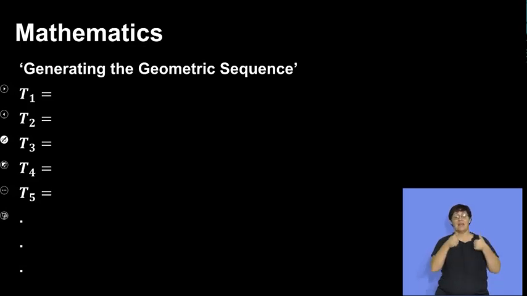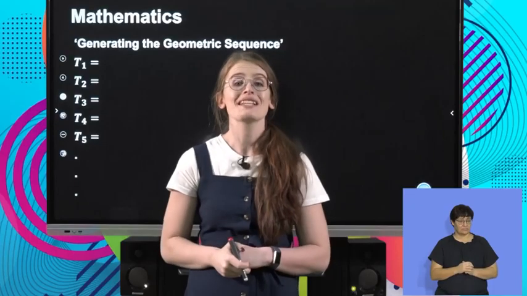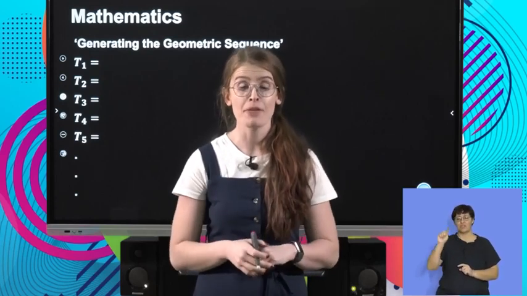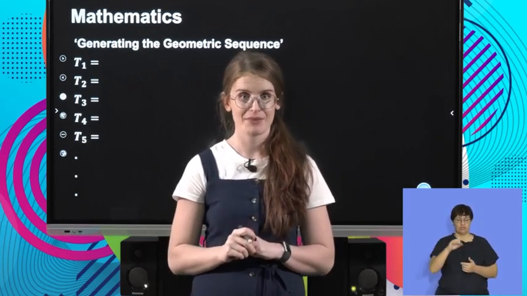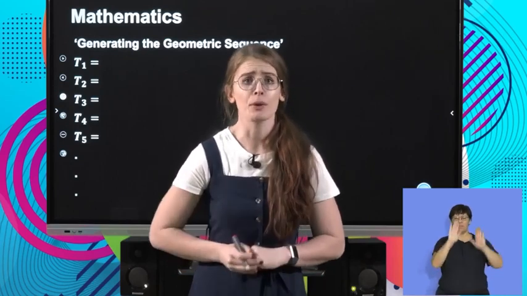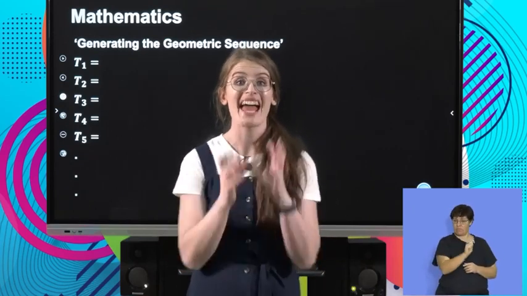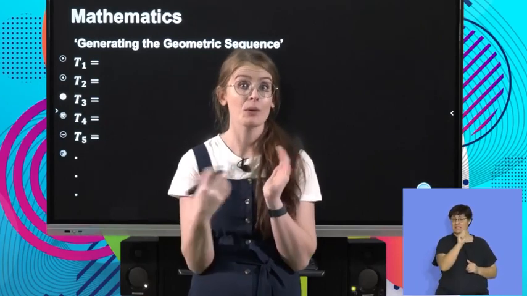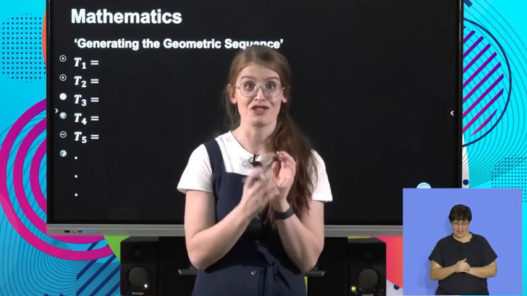The next thing that we are going to do, everyone, is find a way to actually generate the nth term for a geometric sequence. We know that in a pattern, we often call the first term A. So in this case, T1 would be equal to A. I'm going to write that down.